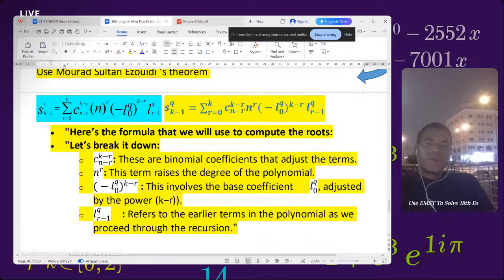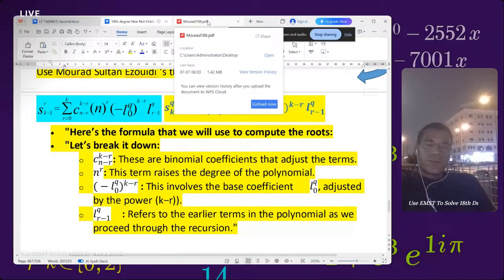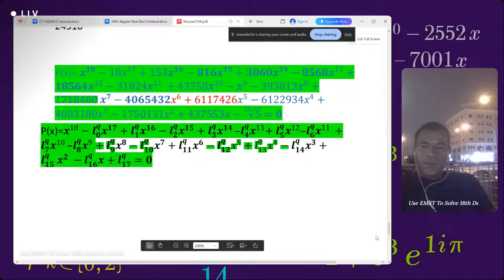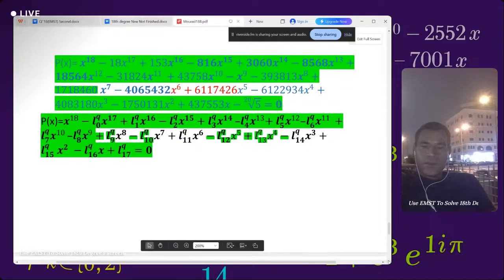You use the polynomial's coefficients and previously calculated values to find the next ones. So it's like an engine. It builds on itself using this formula involving those binomial coefficients to generate these exact symbolic values. That's a good way to put it. It's a mathematical engine. And running that engine fully is what ultimately leads you straight to the exact symbolic roots of the original polynomial.